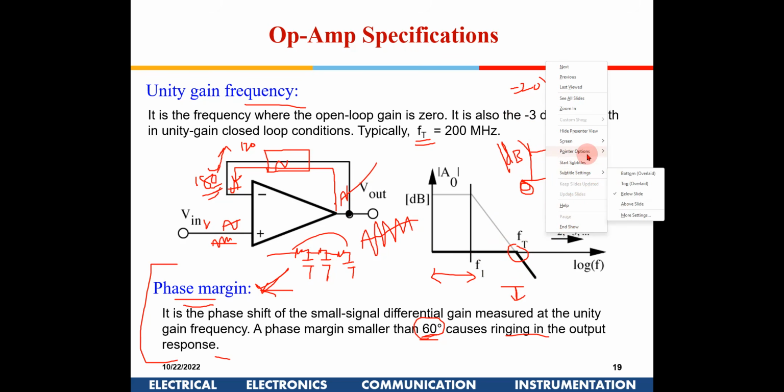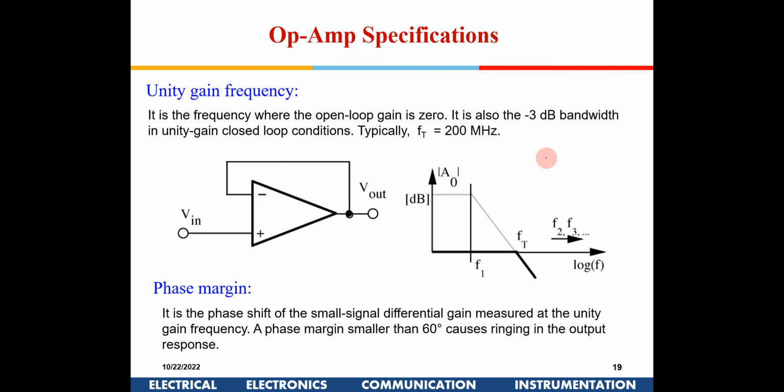Normally the gain plot will be like this, in dB. 0 dB corresponds to gain equal to 1. dB is 20 log A. A equal to 1, log 1 is 0. So 0 dB means this is a voltage follower configuration.